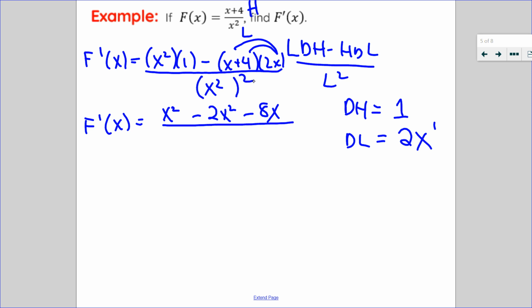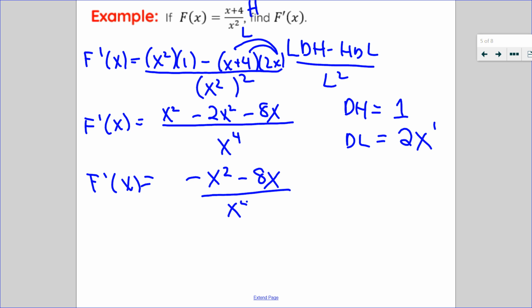So x squared squared is x exponent 4. So the derivative, let's tidy up the numerator a little. X squared take away 2x squared is negative x squared minus 8x, all over x exponent 4. I notice that I have x as a common factor in the numerator, which could cancel a factor in the denominator. So I will factor my numerator and take out a factor of x.